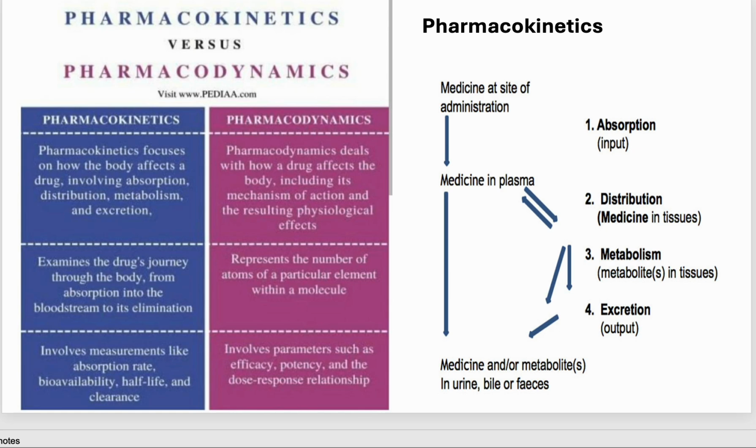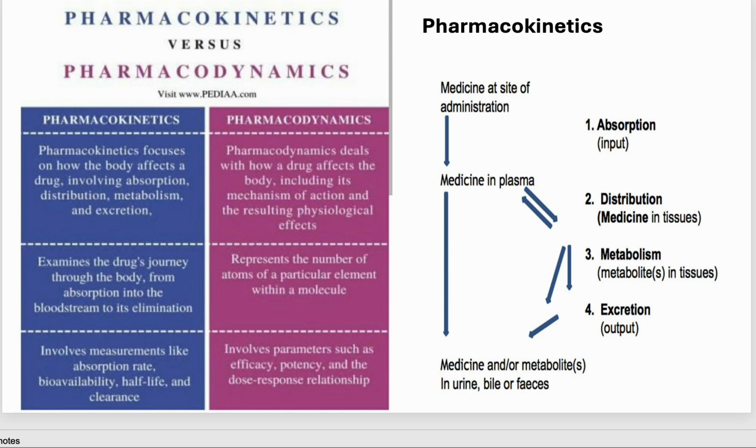Pharmacokinetics and pharmacodynamics, these two are very confusing terms. Let's discuss this properly. Pharmacokinetics: pharma means drug and kinetics means movement. This is basically what the body does to the drug. Pharmacokinetics focuses on how the body affects a drug.